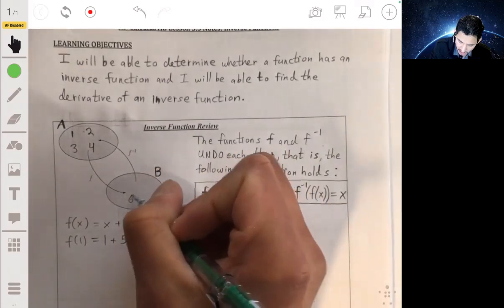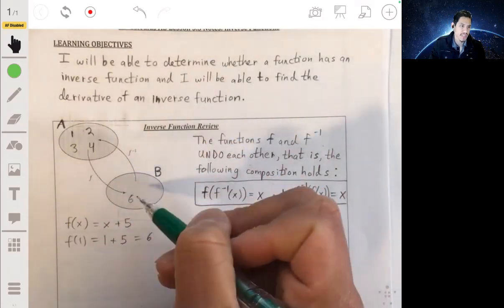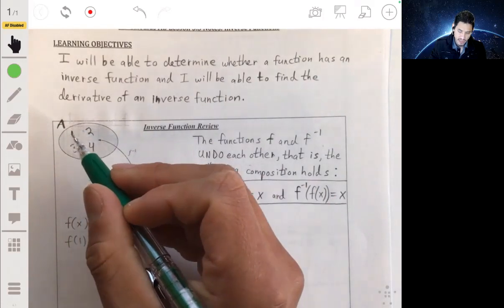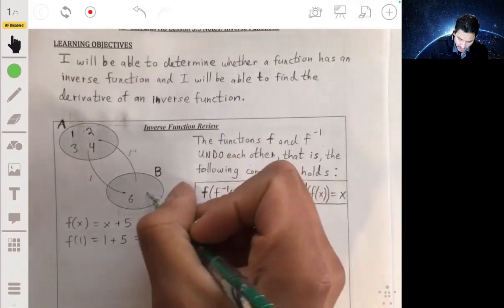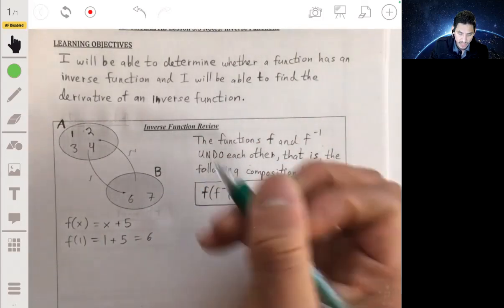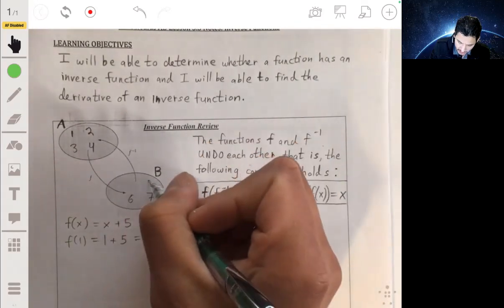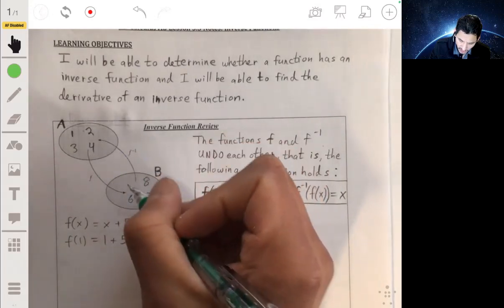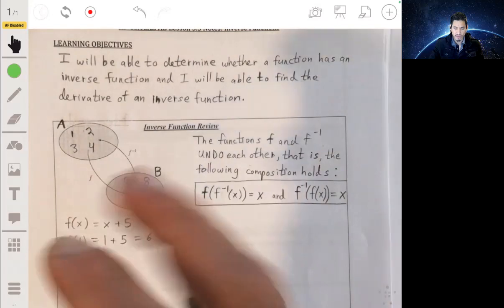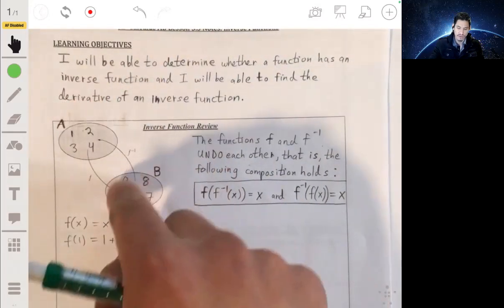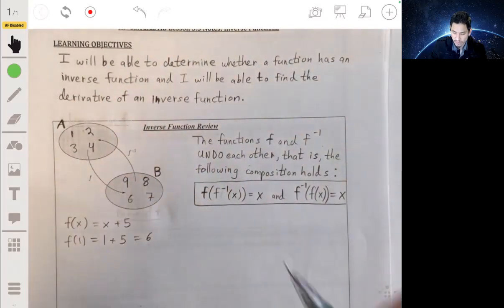So we're going to get 6 in the other set if we start with 1. If we take 2 and add 5, we're going to get 7. If we take 3, add 5, we're going to get 8. We take 4, we add 5, we're going to get 9. So we go from these 4 things to these 4 things when we apply the function rule.